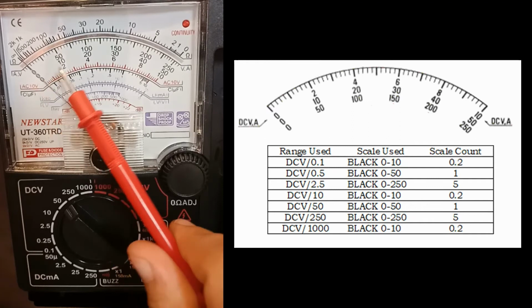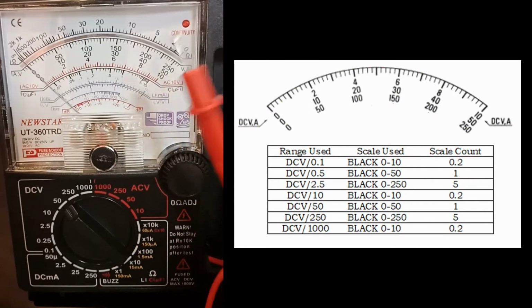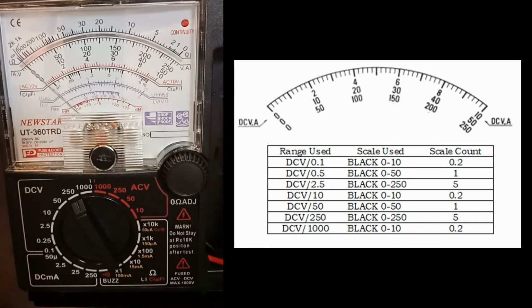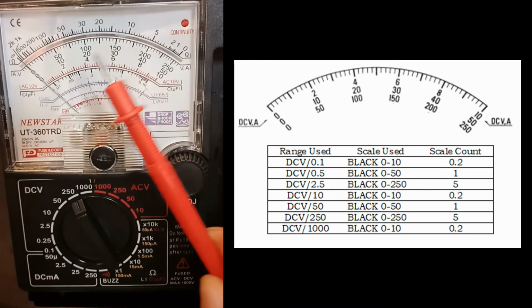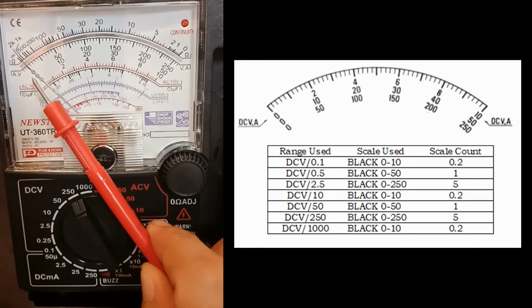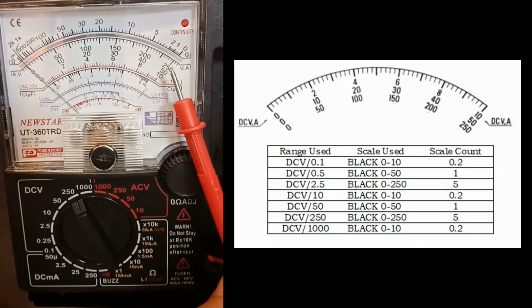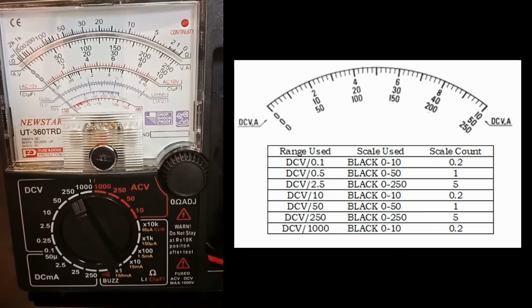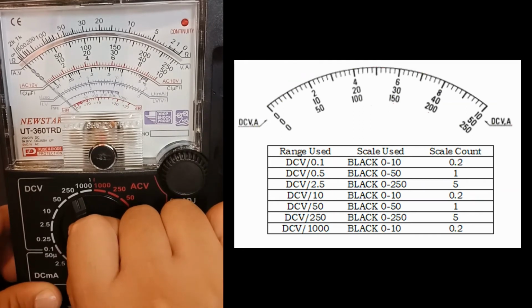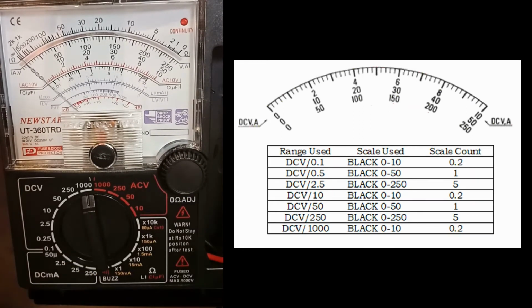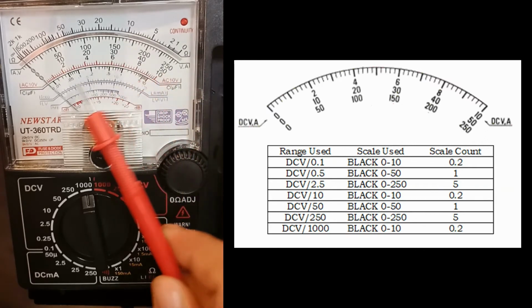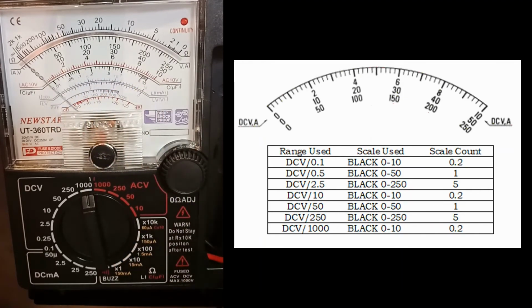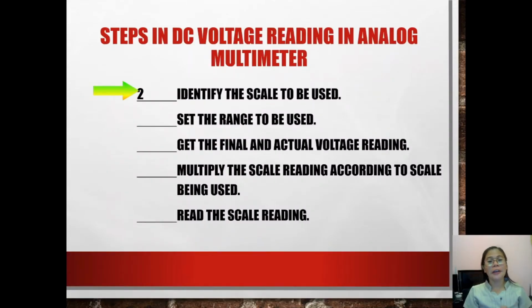Next, if we set the range to 250, we use the scale of 0 to 250. And last, if we set the range to 1000, we use the scale of 0 to 10. So that is our second step.